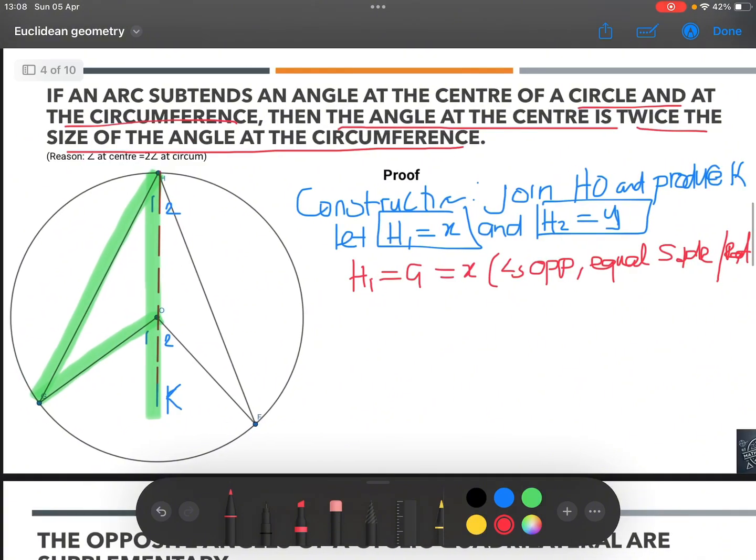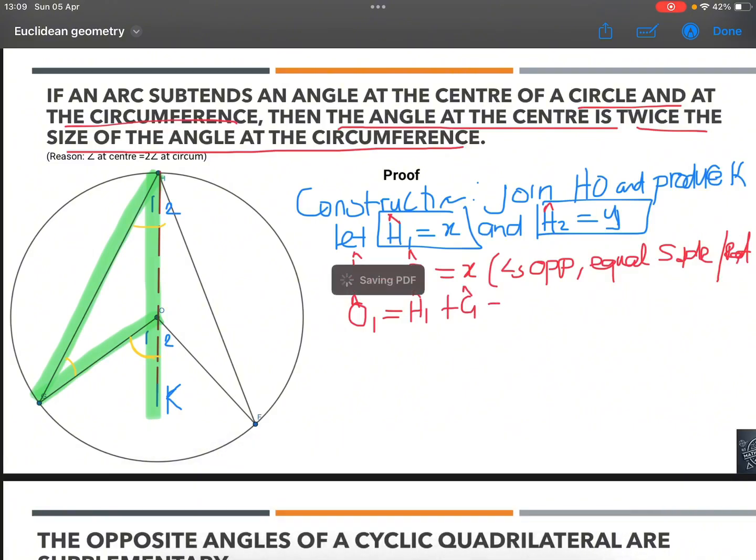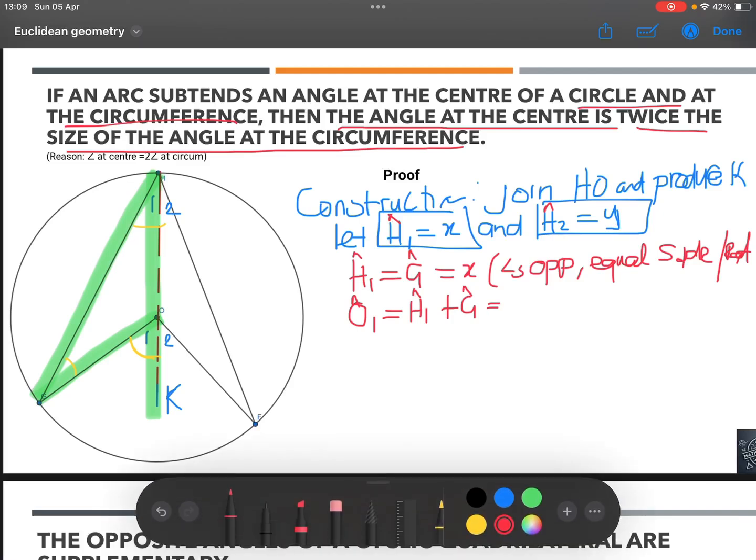Looking at it again, we have O1, which is the exterior angle of H1 and G. That means angle O1 is equal to H1 plus angle G, and remember, H1 and G both are equal to x, so we're going to have x plus x, which equals 2x.